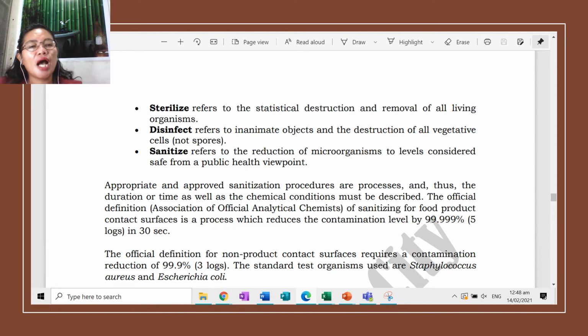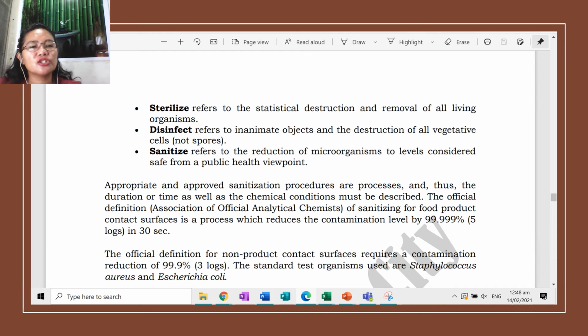Okay, so appropriate and approved sanitization procedures are processes, and thus the duration or the time as well as the chemical condition must be described.